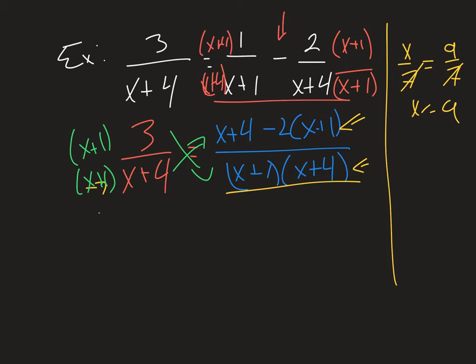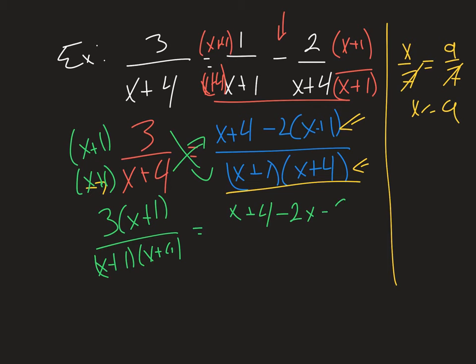So I could say, okay, 3 times x plus 1 over x plus 1 times x plus 4 is equal to x plus 4. I'm going to go ahead and distribute this 2 in now just to get it done. So minus 2x minus 2 all over x plus 1 times x plus 4. Now, I wrote this step out for emphasis here, just to draw attention to it.